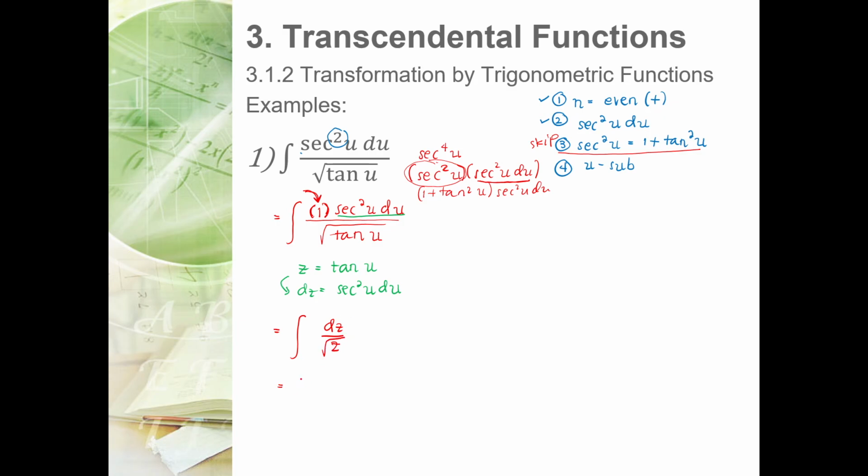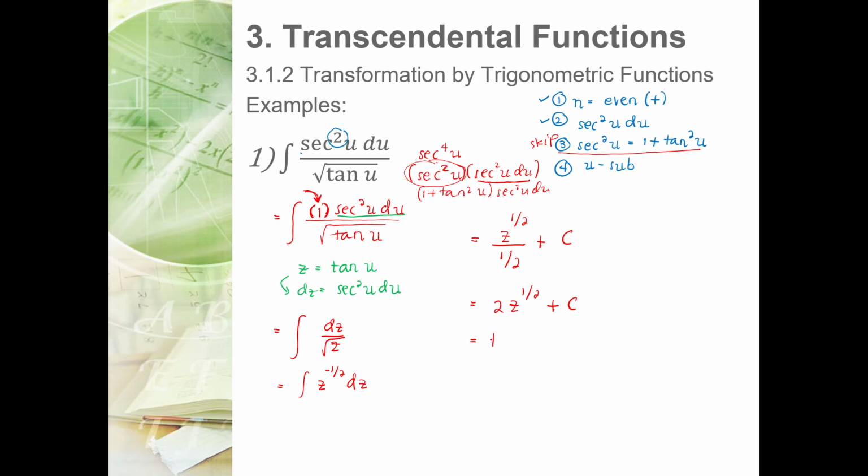Expressing this in exponential form, z to the power of negative 1/2 dz. Next we integrate. So that's z, negative 1/2 plus 1 is 1/2, all over 1/2, plus c. So that's 2z to the power of 1/2 plus c.